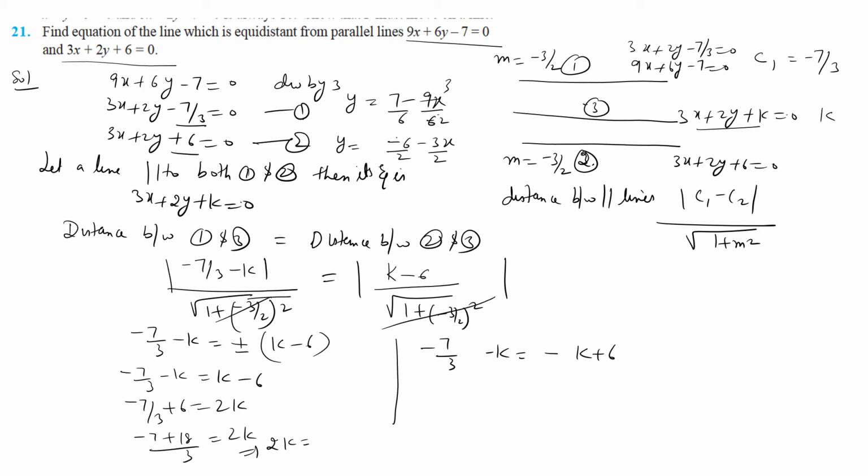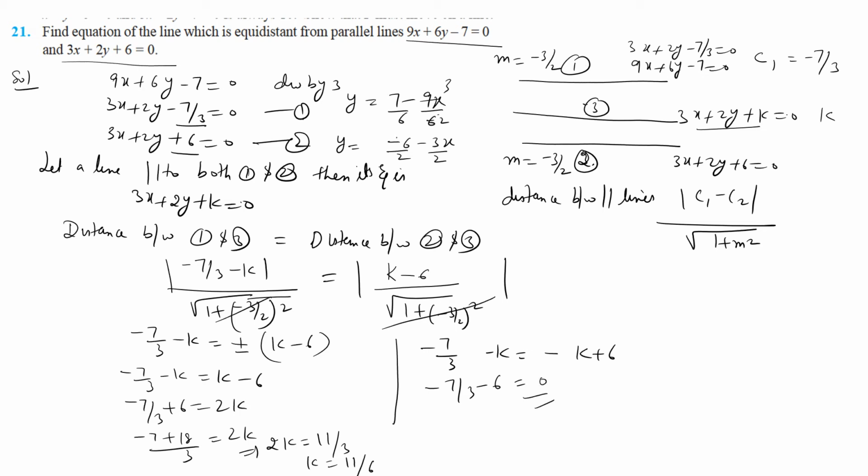This is 11 by 3. So k is 11 by 6. We get 11 by 6 here. Let us check the other side also: minus 7 by 3 and minus 6, and minus k plus k will be 0.